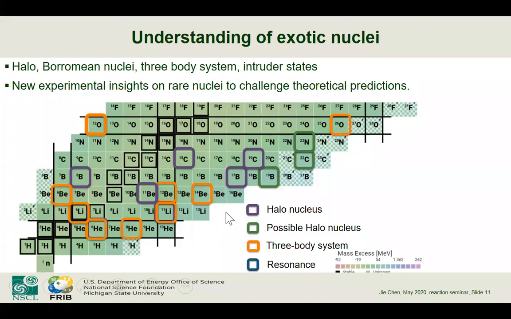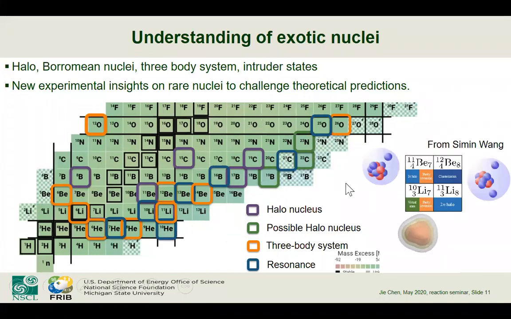And for some nuclei, although they do not have a halo, they still show very strong three-body structure, like beryllium-12 and beryllium-14, with the two valence neutrons coupled to the core. So for some nuclei close to these regions, their ground state is a resonance.